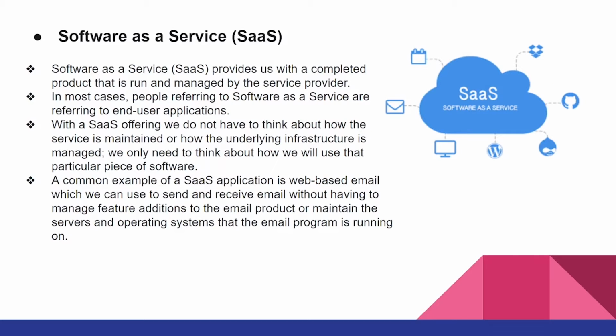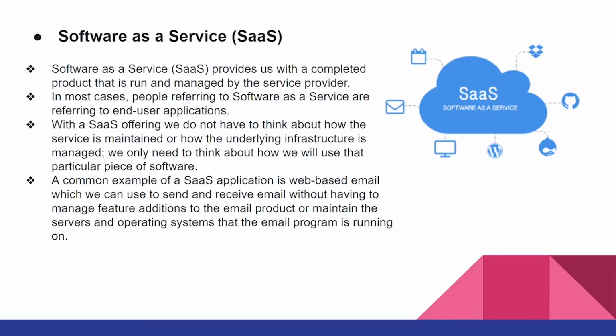The next is software as a service. Software as a service provides us with a completed product that is run and managed by the service provider. In most cases, people referring to software as a service are referring to end user applications. With a software as a service offering, we don't have to think about how the service is maintained or how the underlying infrastructure is managed.